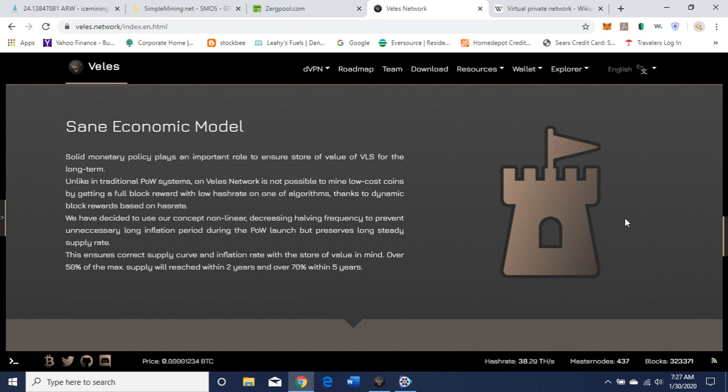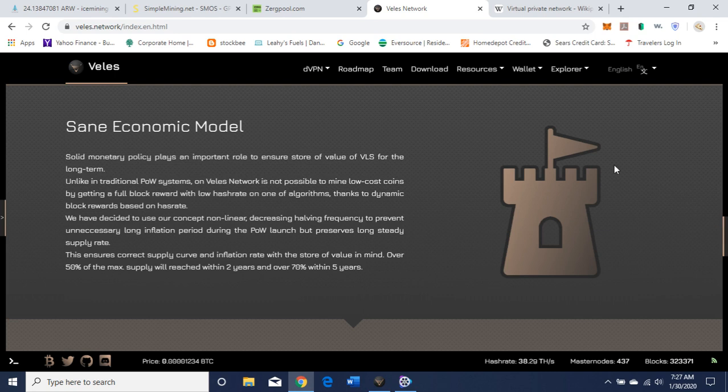We have decided to use our concept of linear decreasing halving frequency to prevent an unnecessarily long inflation period during the proof of work launch, but preserve a long steady supply rate. This ensures a correct supply curve and inflation rate with stored value in mind. Over 50% of max supply will be reached in 2 years and over 70% within 5 years.